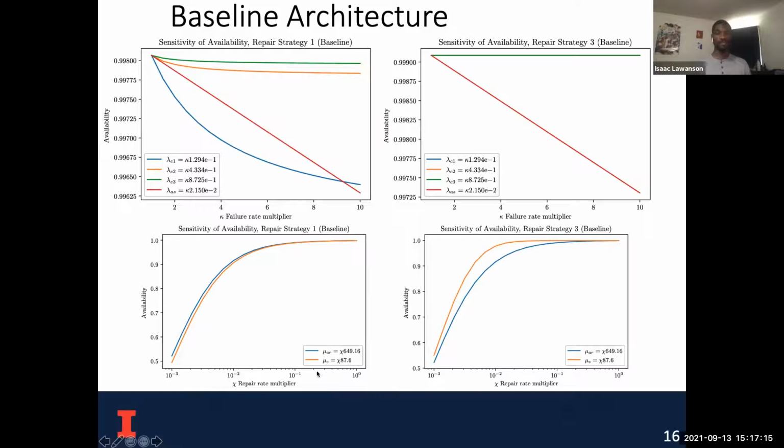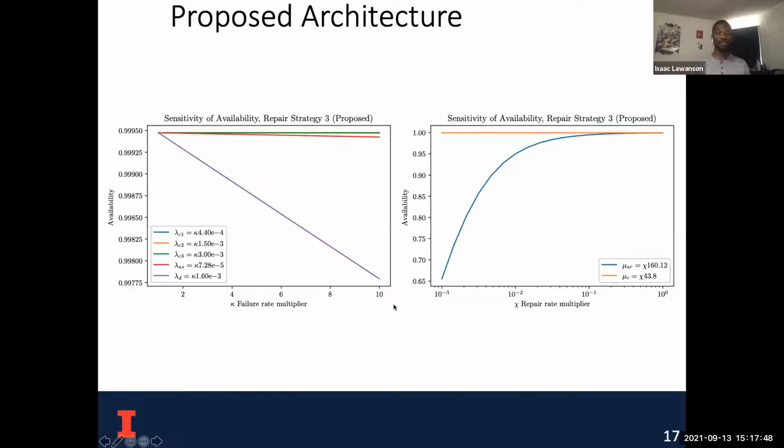And we can see that obviously if you are not repairing the system, one or the other, whether it's the active rectifier sides with all the diodes and switches, or if it's the capacitor, then we expect very low availability, 0.5. And then for repair strategy 3, same thing. But because there's more repairs on the capacitors, then we see that this is a little bit smoother, longer before it drops off.